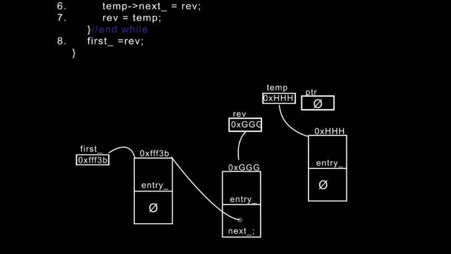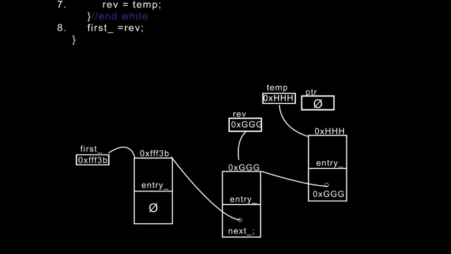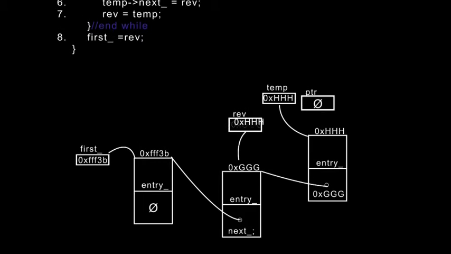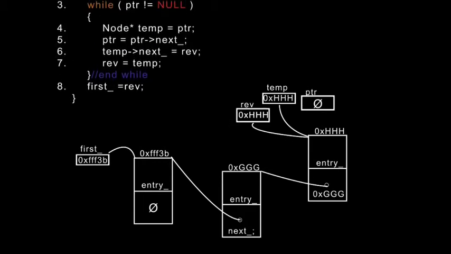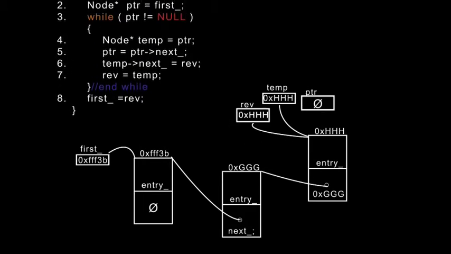Alright, let's move to line 6. Line 6 takes the value in rev and puts it into temp's next. It's effectively going to make the last node point to the middle node. Now let's move to line 7. It says take the value inside of temp and put it into rev, which will effectively move rev to the end of the list. Now we're back at the top of our while loop.